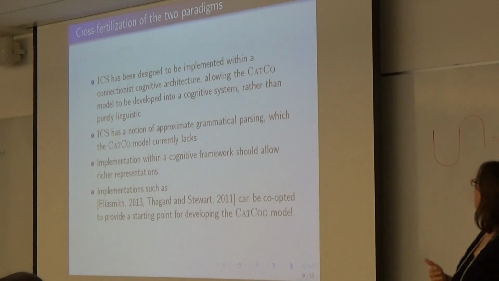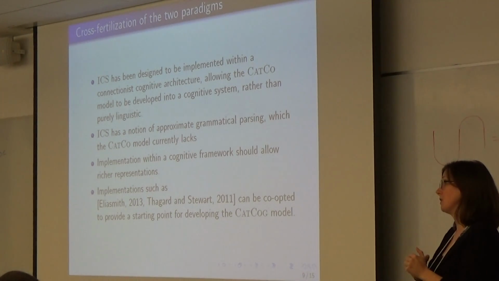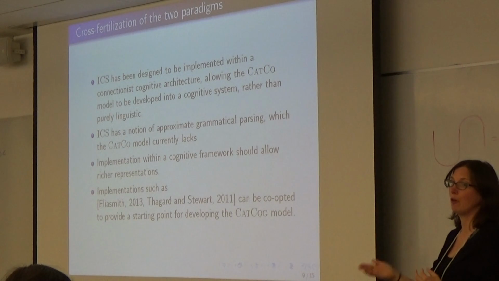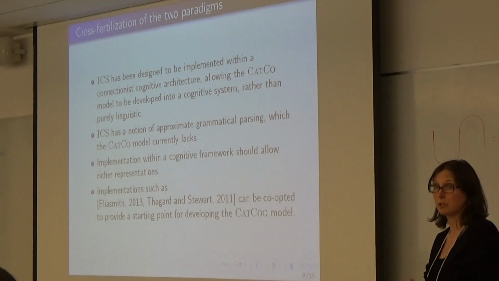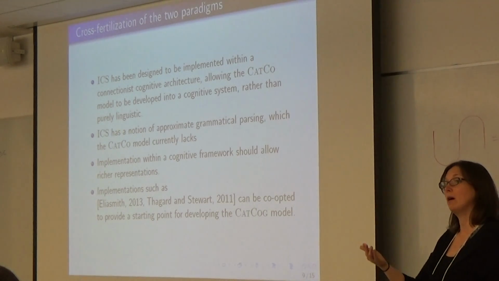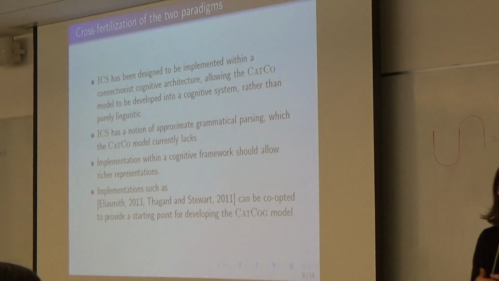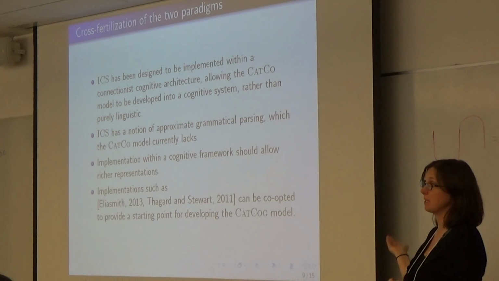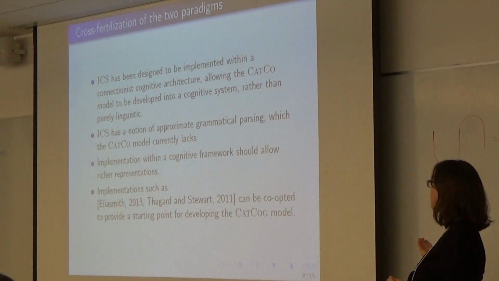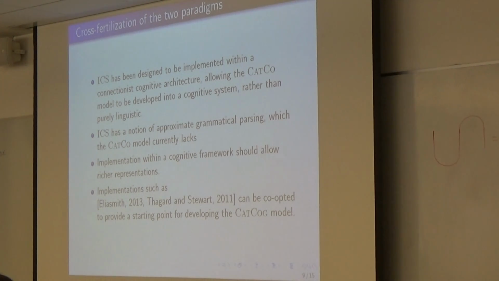We should be able to allow richer representations as well, so as well as just word co-occurrence, there should be input from cameras or smell, something like that. And people have implemented something really similar to Smolensky's model, and this should provide us with a starting point for developing this categorical compositional cognition model.